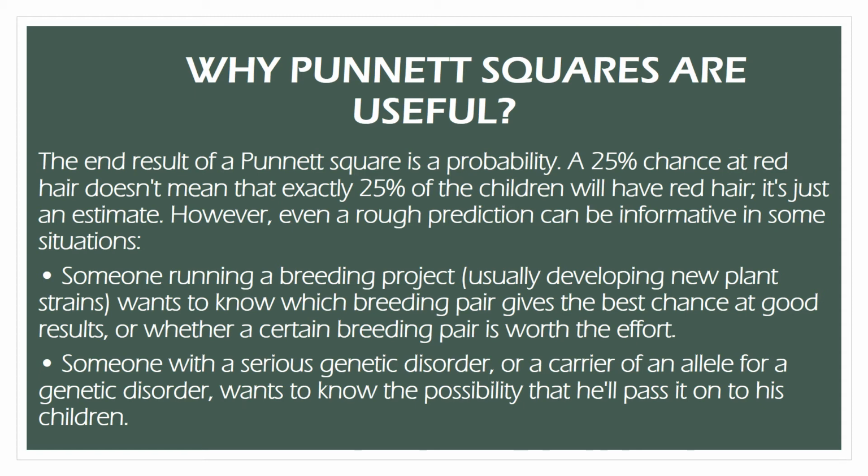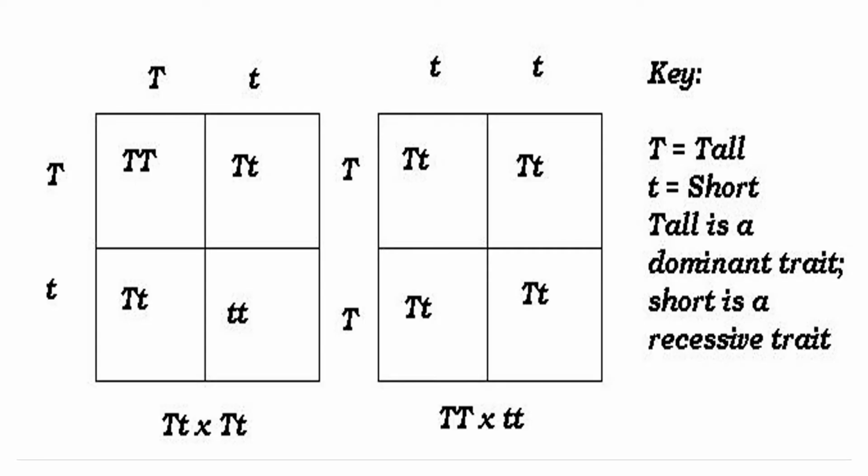That's when the Punnett square enters the picture. That's when it is useful. When you want to know the probability of a certain case, you can use the Punnett square.